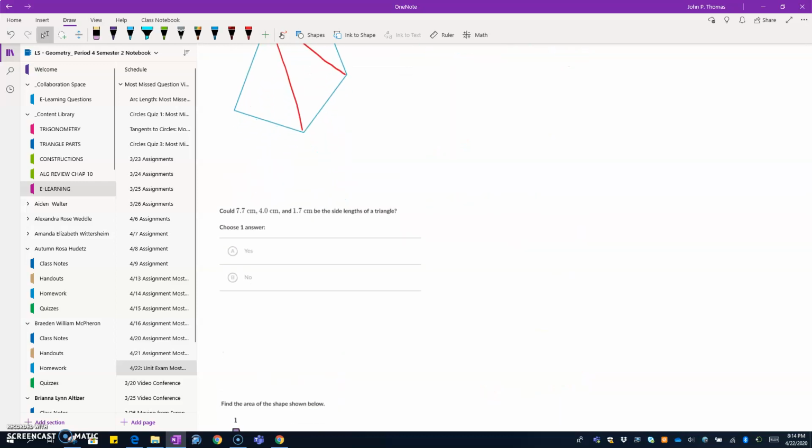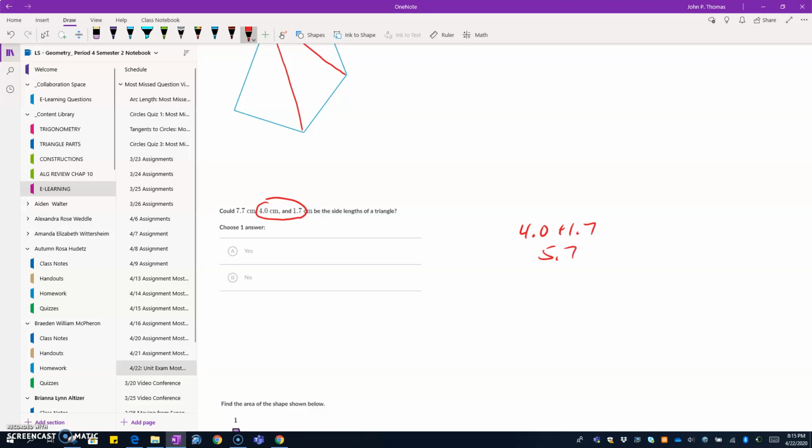Now the next one says, could 7.7, 4, and 1.7 be the side lengths of a triangle? The key to that is that the sum of the smaller 2 sides has to be larger than the third side. If I take any 2 sides and add them together, it has to be a number that's larger than the other side. Typically I'll start with the 2 smaller sides. If I've got 4.0 plus 1.7, that's going to be 5.7.